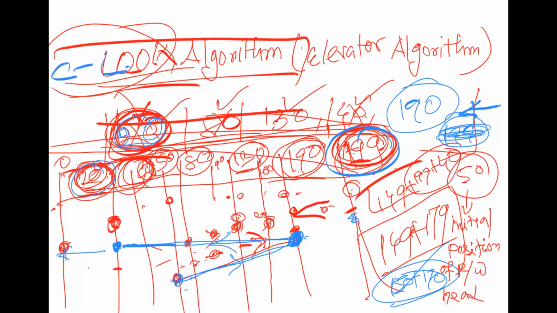And then another one is C-LOOK. C-LOOK is a combination of scan, C-scan and LOOK algorithms. When it goes in this direction, it reads the data. When it comes back, it won't read any data, so it will stop at the lowest request, and from here it will read the data, and then go back again to 40.